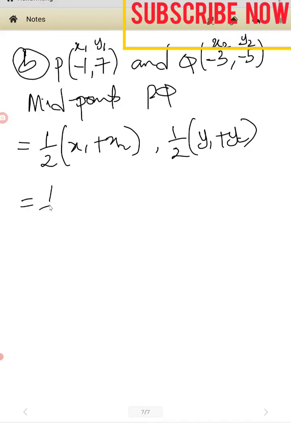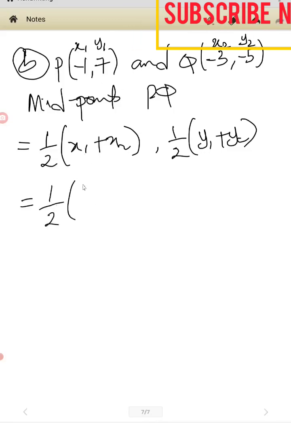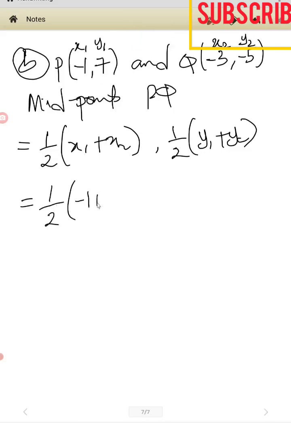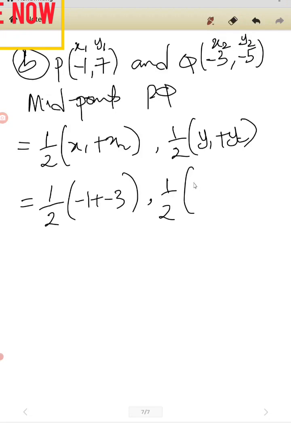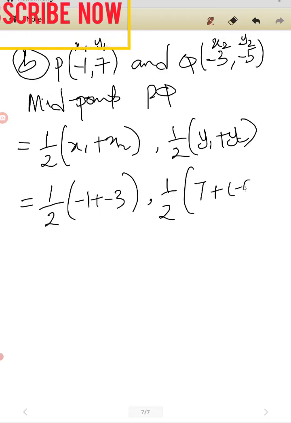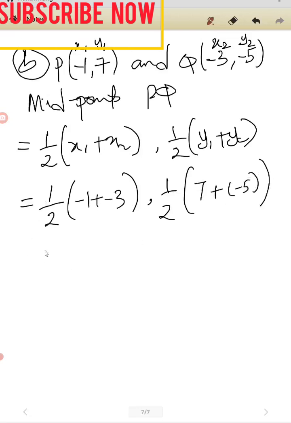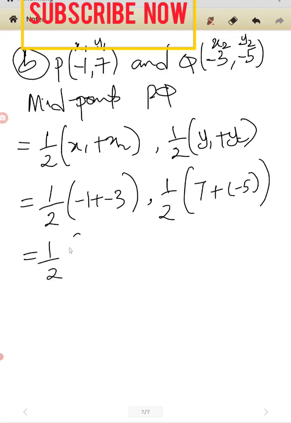So we have half of, our x1 is -1 plus -3, comma, half of that is 7 plus -5. So therefore we have half of this.